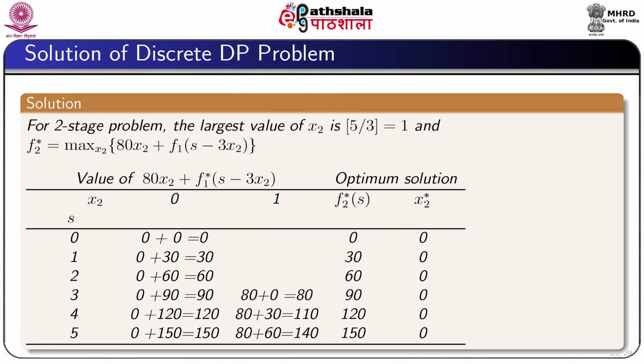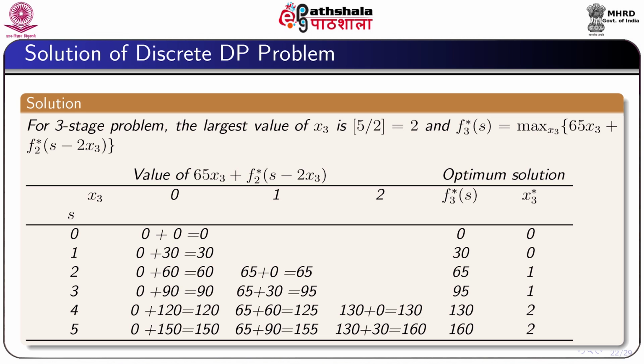So, we calculate the values of 80 x2 plus f1*(s - 3 x2) for different values of x2 and s, and the corresponding f2*(s) and x2* as shown in this slide.